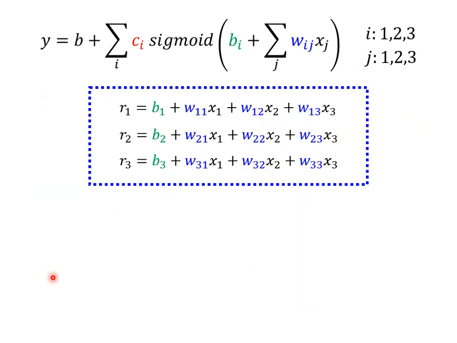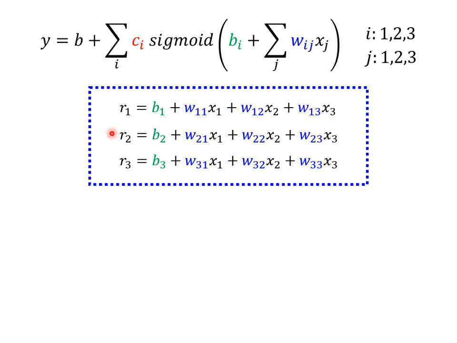You can use matrix and vector multiplication to create a simpler and more concise way of writing. We've already known that r1, r2, r3 are the results of the calculation in the 3 sigmoid parentheses. For r1, r2, r3 and the 3 input features x1, x2, x3, the relationship between them is like this.